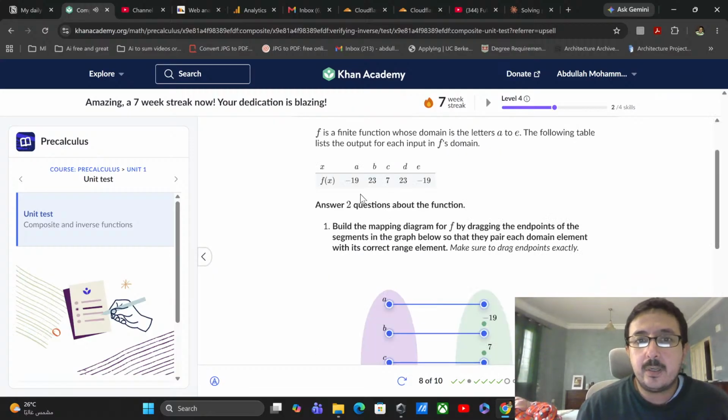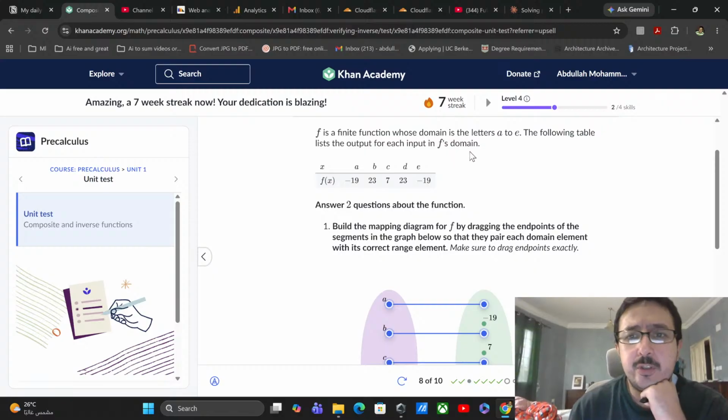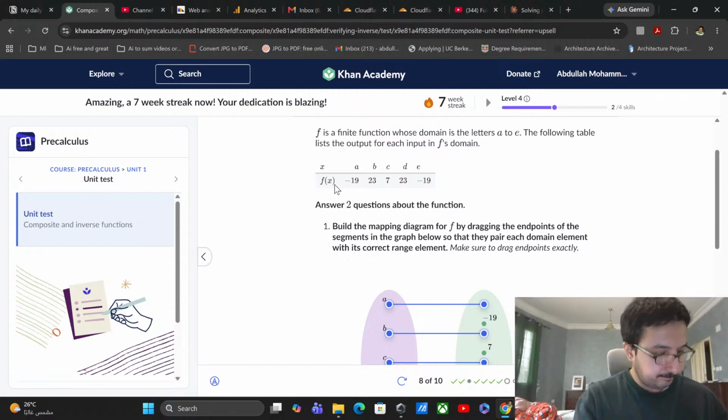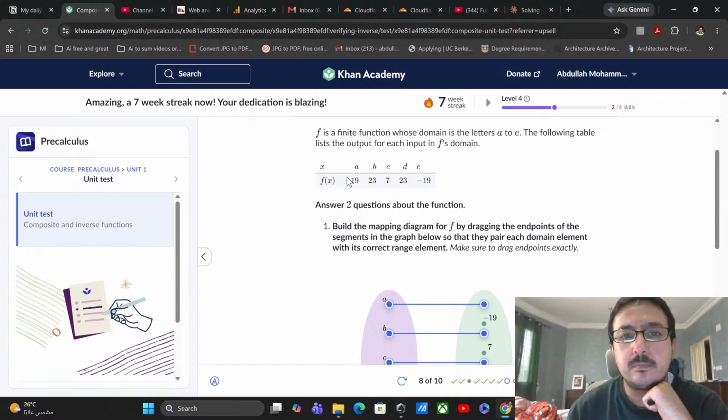Okay, I don't need. f is a finite function whose domain is the letters A to E. The following table lists the output for each input in f's domain. A minus 19, B 23, C 7, D 23, E minus 19.